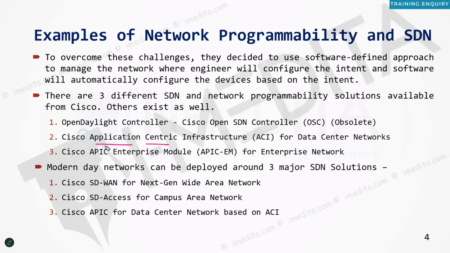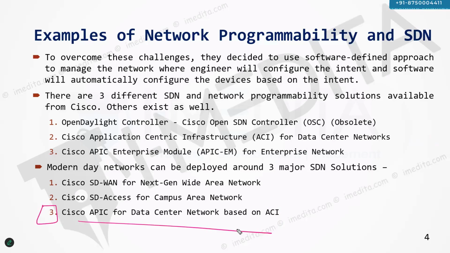So the data center infrastructure is what we refer to as ACI, application-centric infrastructure, and the controller that is responsible to manage that ACI infrastructure is known as APIC, Application Policy Infrastructure Controller, for the data centers that are based on ACI, application-centric infrastructure.